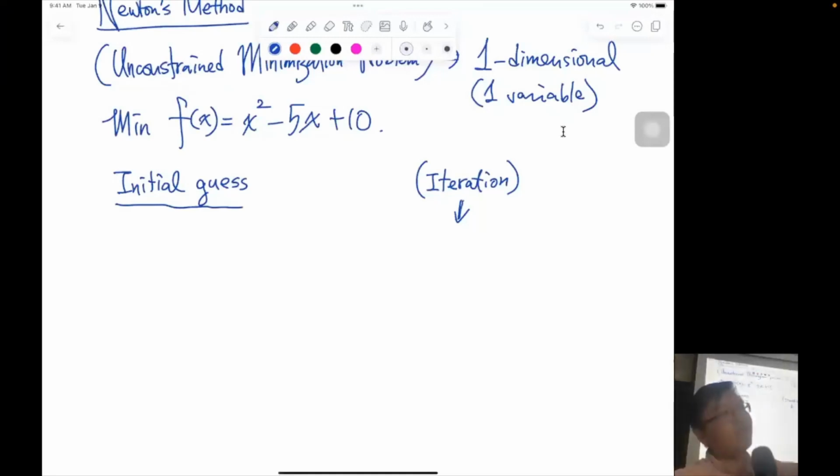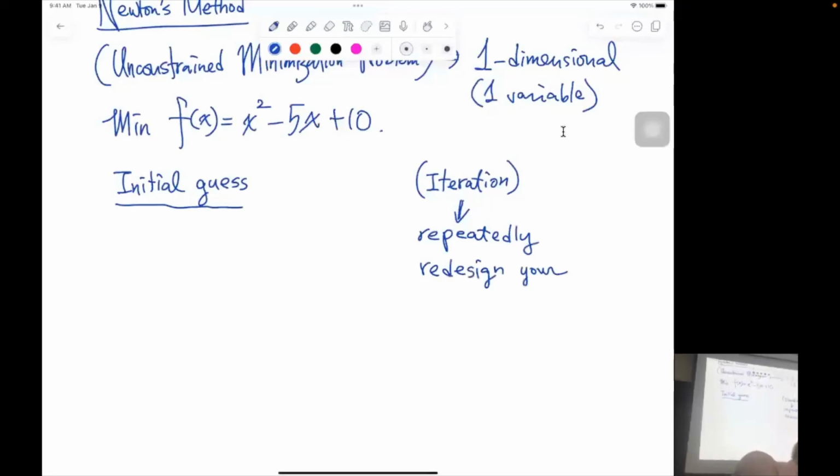And every time you repeat, every redesign is like one iteration.